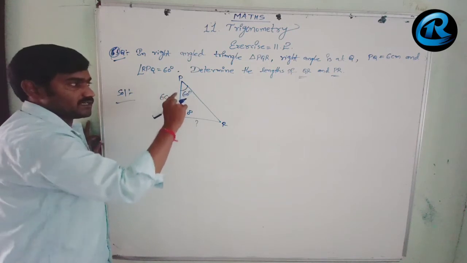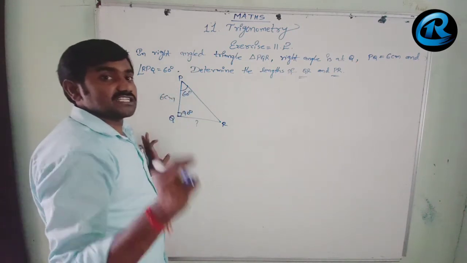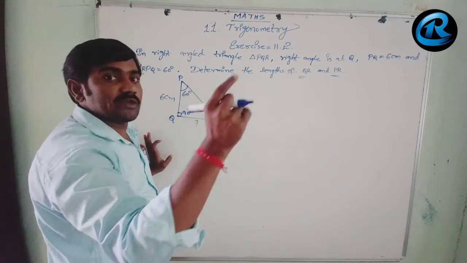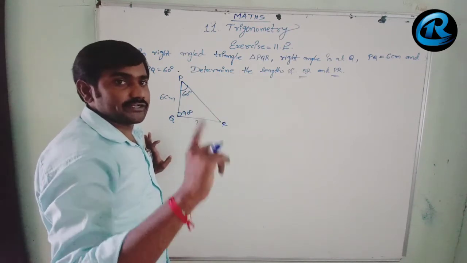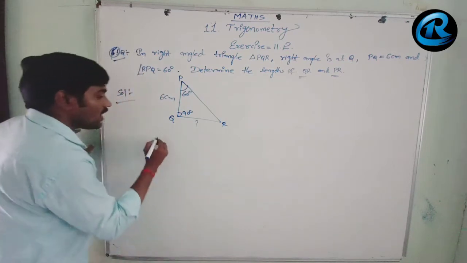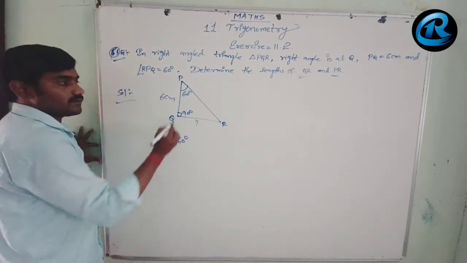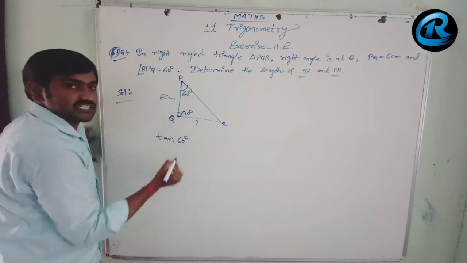Opposite by adjacent: related to the opposite and adjacent, which trigonometric ratio can we take? We can take tan theta or cot theta, you get the same answer. So I will go with tan 60 degrees, because theta is 60 degrees.